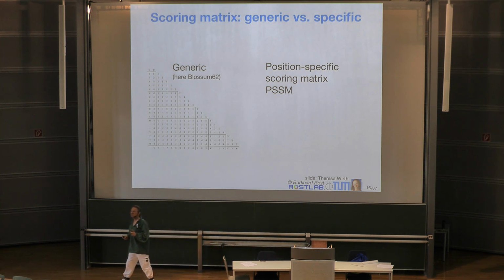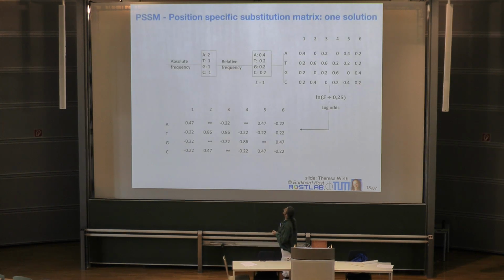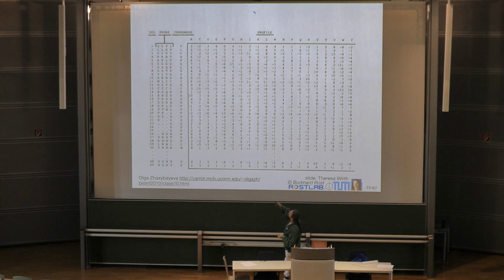But in that matrix, it is always the same no matter which position of the protein you are at. So W on W, whether W is at position 12 or at position 72, will always be 17. This position-specific matrix that I show here changes that.